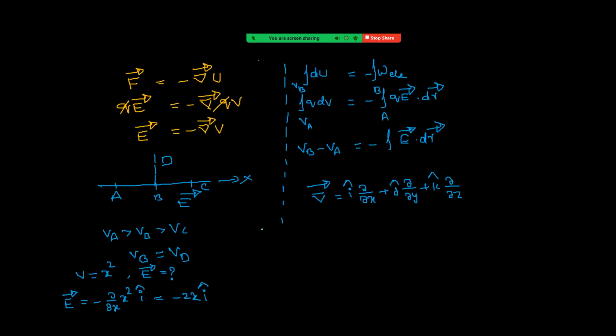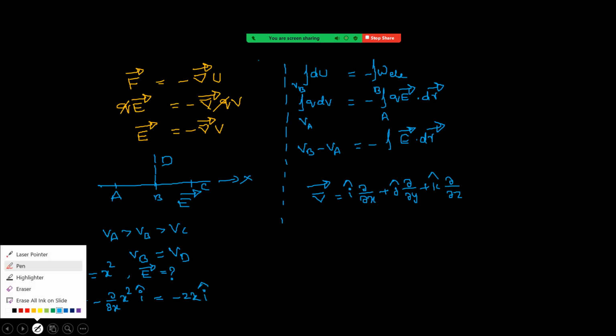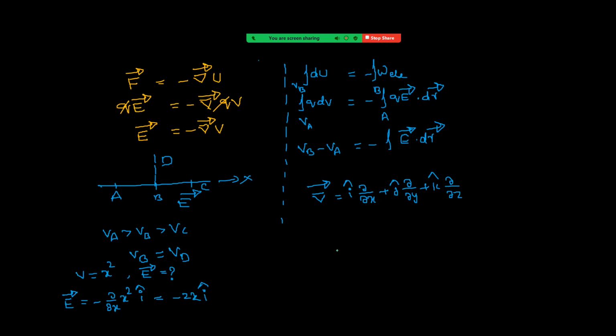Now what I am saying is, here we are saying along the field potential decreases. That means normal to field, potential does not change. Let us consider there is a point charge.